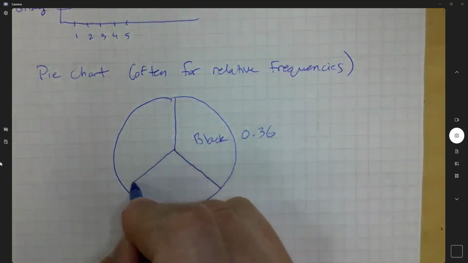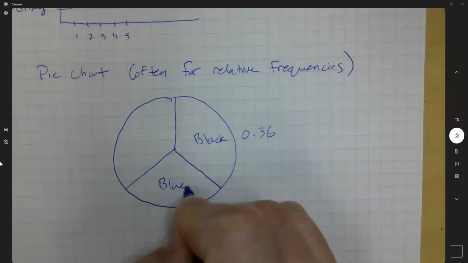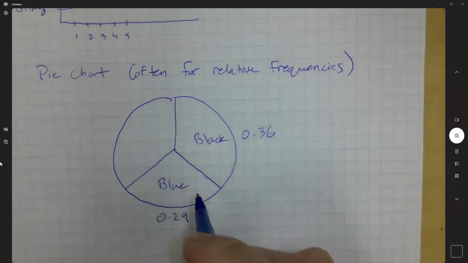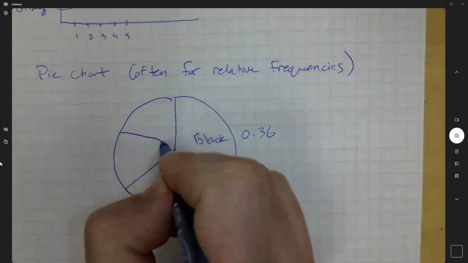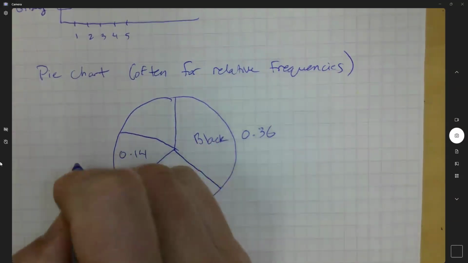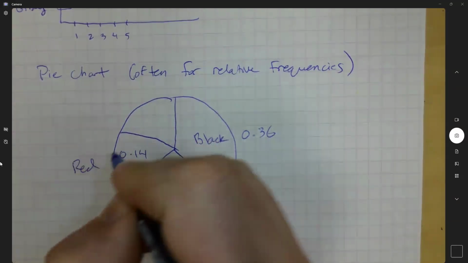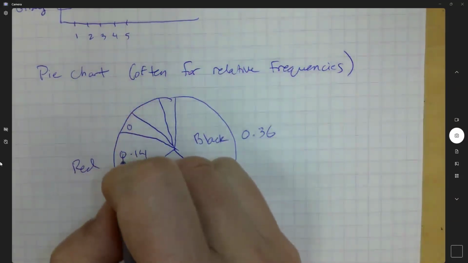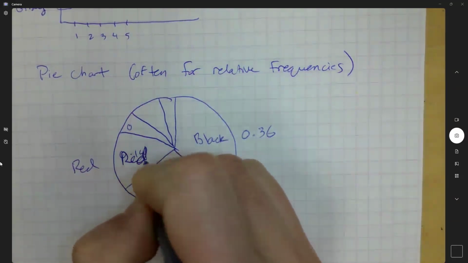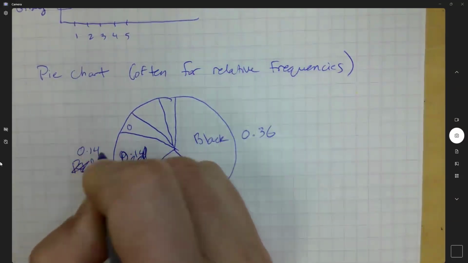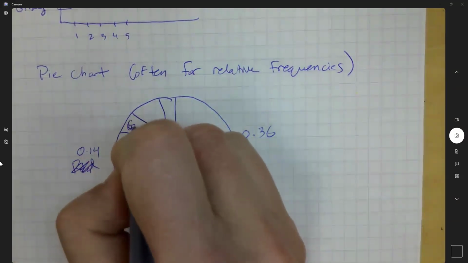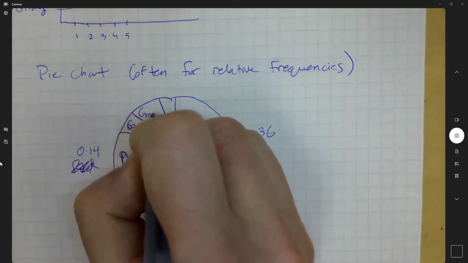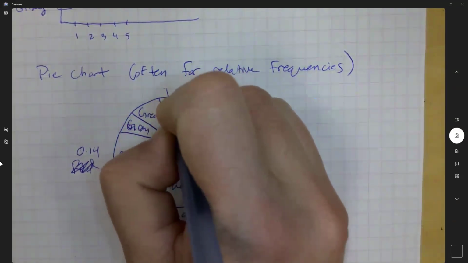Another 0.29 is blue. 0.14 was red. And then each of these, red, I can put it in there. And then gray, green, white.